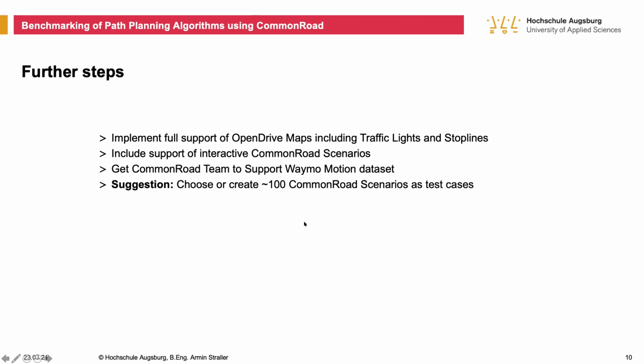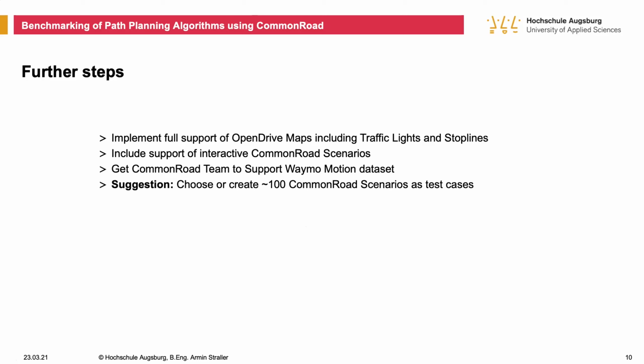And now my suggestion would be to choose or create like 100 or I don't know, 50, maybe also 1,000 Common Road scenarios that are test cases for the OpenPlanner, with interesting interactions between obstacles and ego vehicles, and interesting map scenarios with tight turns or U-turns or whatever possible.